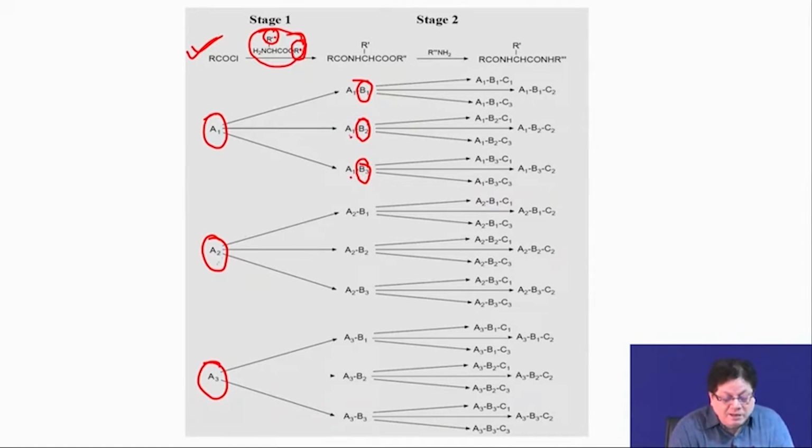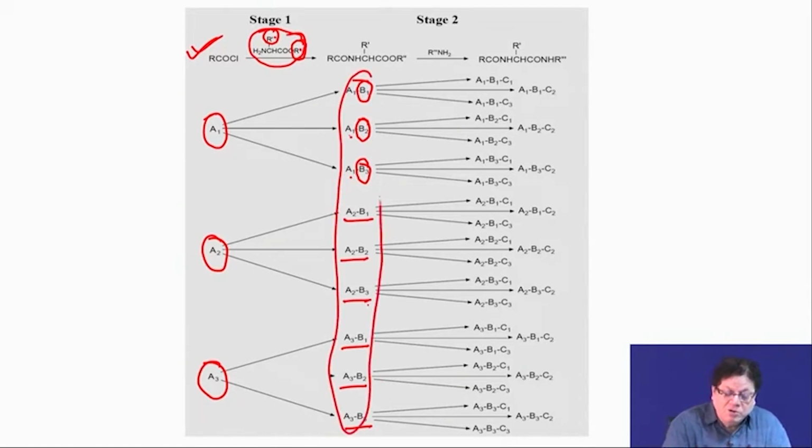Regarding A2 as the starting point, you will get A2 B1, adding the same components B1, B2, B3: A2 B2, A2 B3, and then with A3 you will get A3 B1, A3 B2 and A3 B3. I am not proceeding any further, but you see that the same reaction is operated on 3 different acid chlorides, and you get 1, 2, 3, 4, 5, 6, 7, 8, 9 compounds.